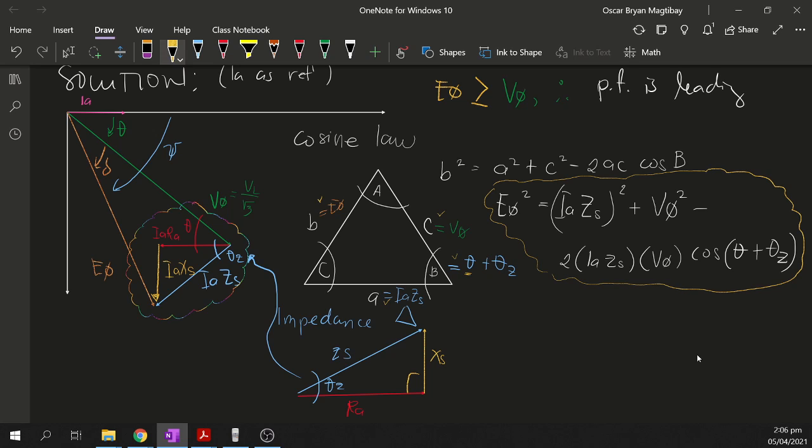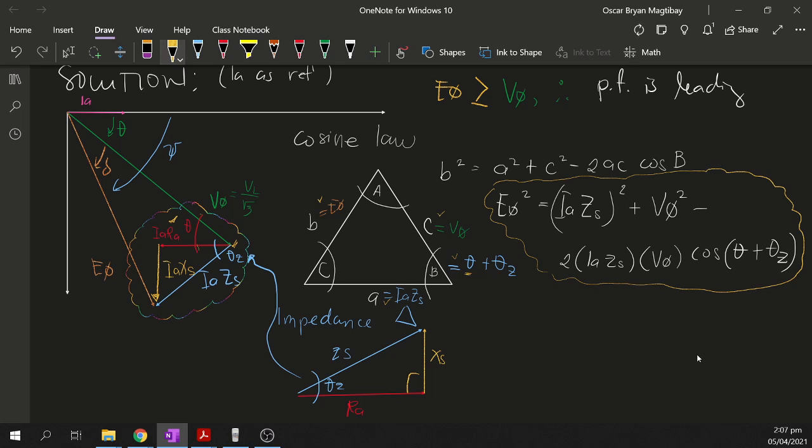Base dito sa triangle na to, kita natin na this is theta, yung projection natin ng theta from IA Ra dito, and theta Z, kapag pinag-add natin, this is actually the angle for angle B. Kaya ito yung angle B natin. Theta plus theta Z. Based on cosine law, this is B squared is equal to A squared plus C squared minus 2AC cosine B.